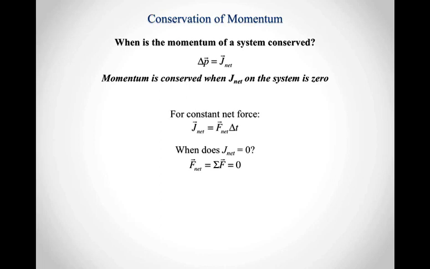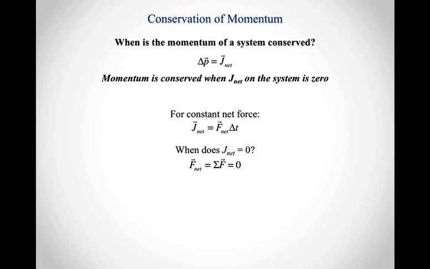And so again, let's just assume for ease of conversation that we have a constant net force. Well, from looking at that equation in terms of how we define the impulse, the net impulse is going to be the net force times some delta t. And again, if we're interested in thinking about how something's conserved, that means, does it stay constant in time?